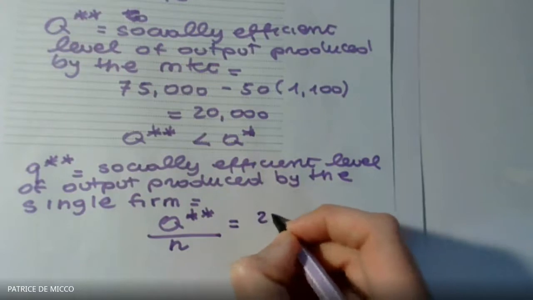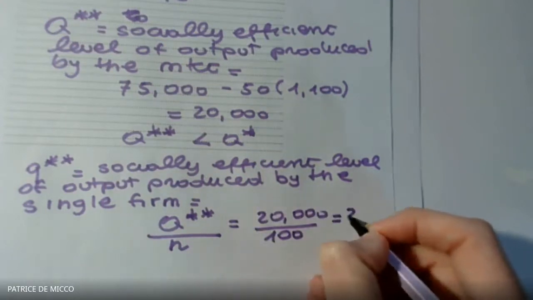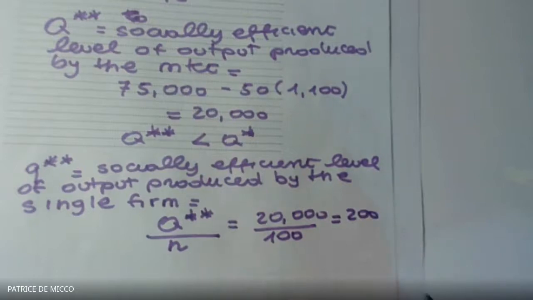So we have 20,000 divided by 100, and this gives 200. And we are done with point 4. So it would be socially efficient to produce 20,000, but if the firm is left alone, it will produce more than 31,000. Remember the level of output we discovered before.